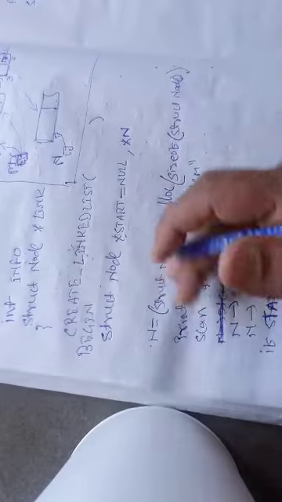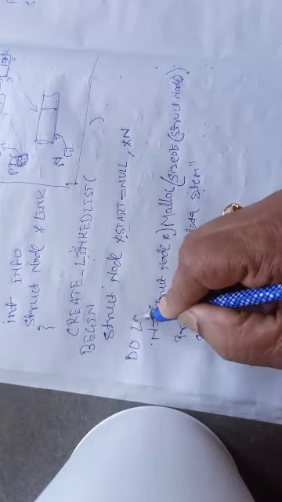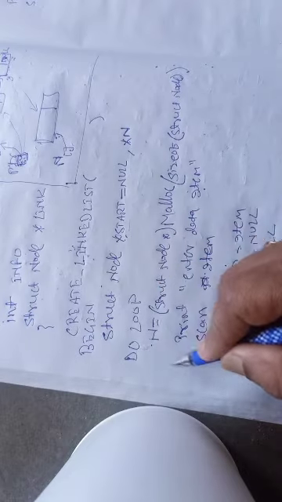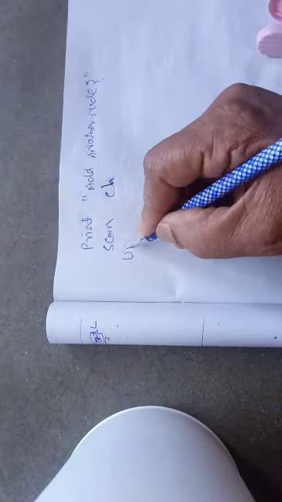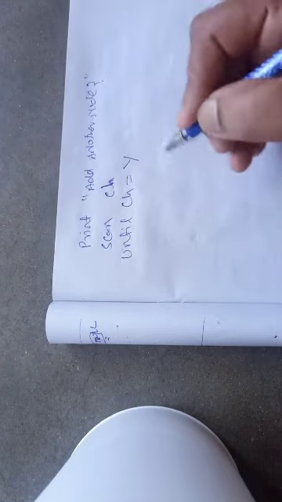So from this I'll implement a do loop. So this entire thing will be implemented in a do loop, and here I'll write until choice equals to y.